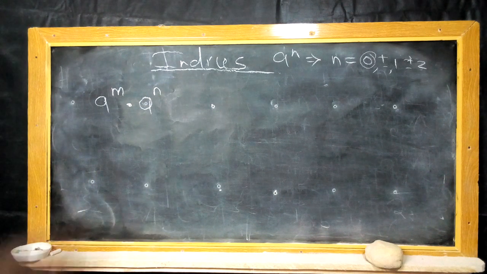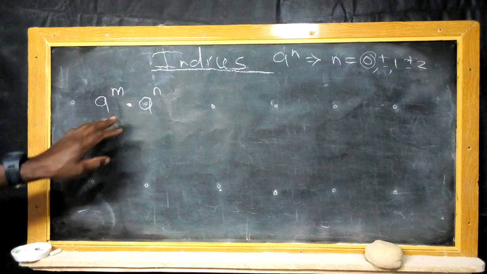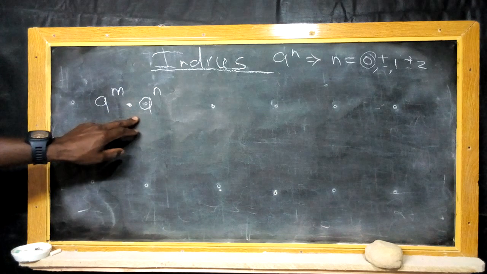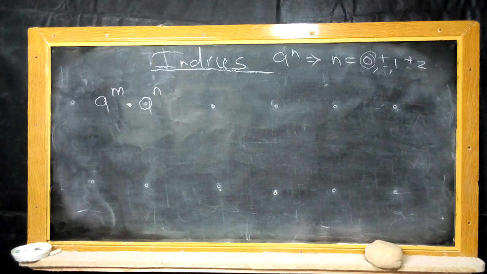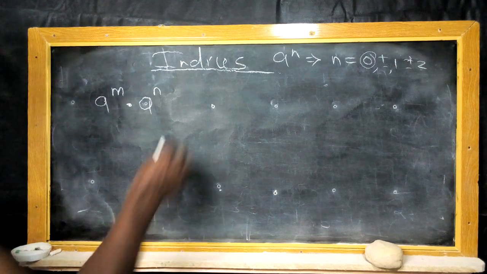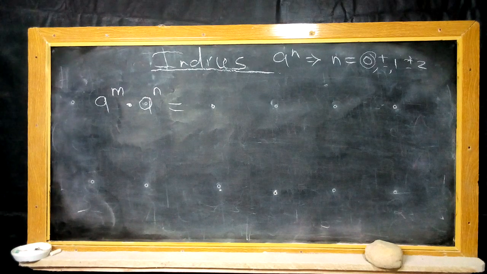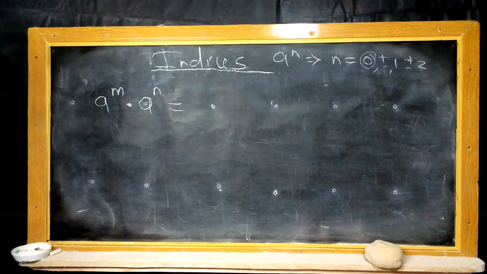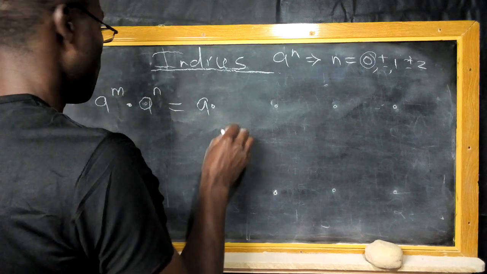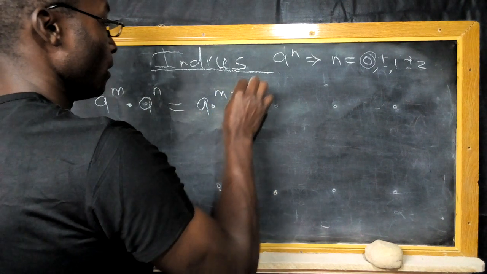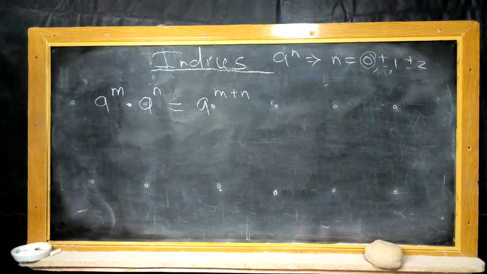So here I'm trying to multiply two exponential expressions, that is a raised to power m and a raised to power n. Now to find the product, this is the rule called product of powers, and generally we are going to give this as a raised to the exponent of m plus n.